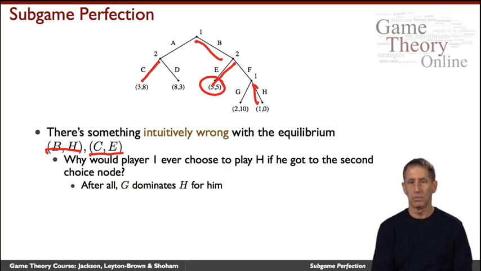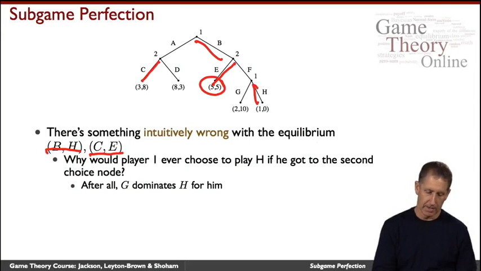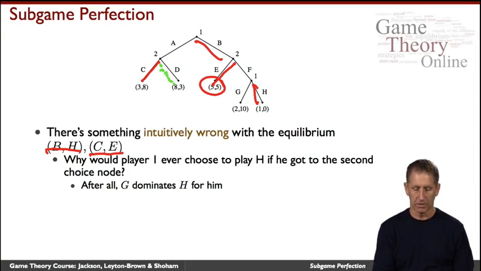So let's hold player 1's strategy fixed and see if player 2 can profitably deviate from their current response. Well, what can they do? They can say, instead of going C, I would go D. They could say that, but that wouldn't impact the outcome at all, given that player 1 is going down B, and so that's not a profitable deviation.